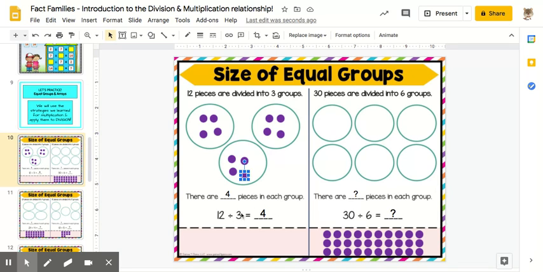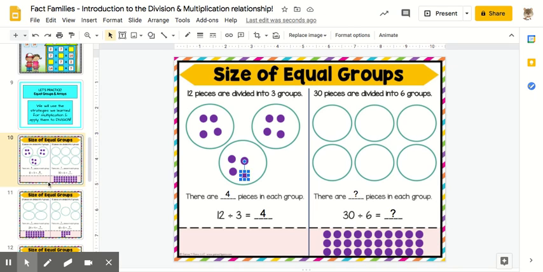So if you ask yourself 3 times what equals 12, and you know those times tables, you've practiced those facts, then you could either count again by threes, or you could just go, oh, I know 3 times 4 is 12, so the answer is going to be 4. And that's going to be equivalent to if you were to divide these up into the 4 groups.